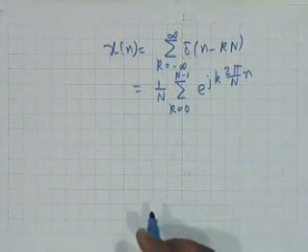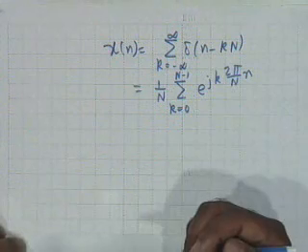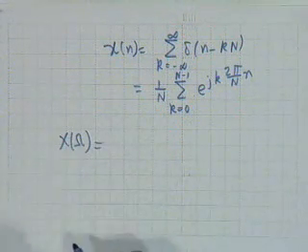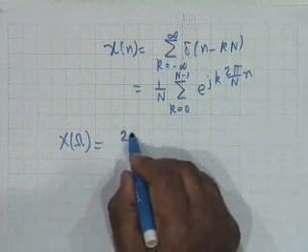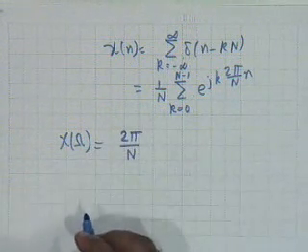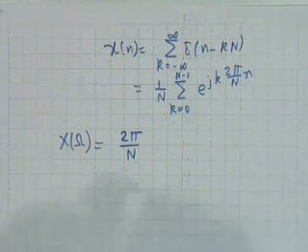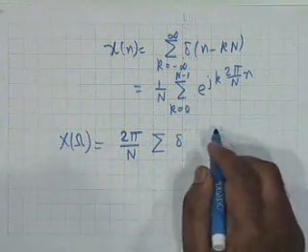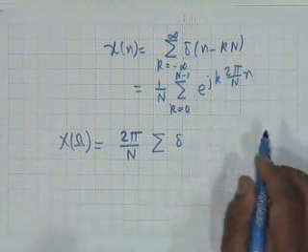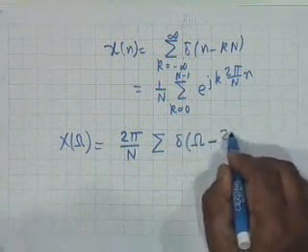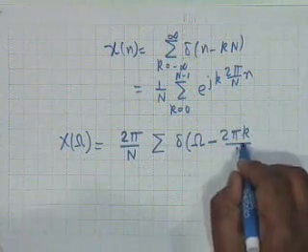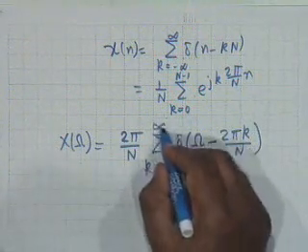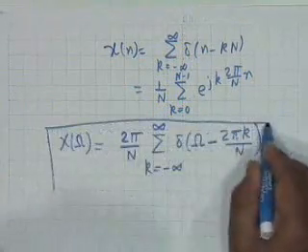And you now take the Fourier transform of this. Therefore capital X of omega shall be simply equal to 2 pi by N. All right. What do I get? Sigma of delta. Yes, you remember the simplified form, omega minus 2 pi k by N, where k goes from minus infinity to plus infinity.